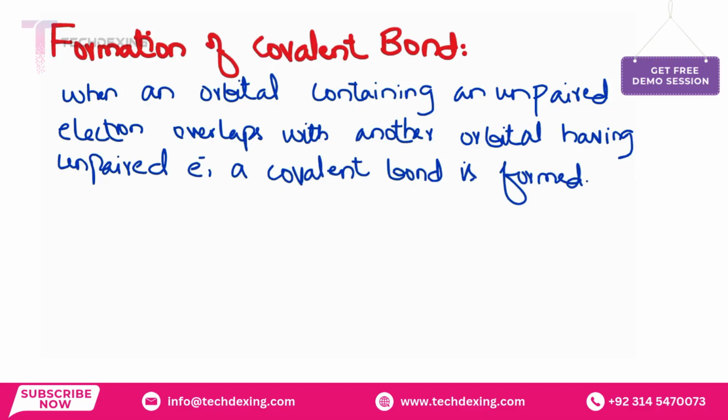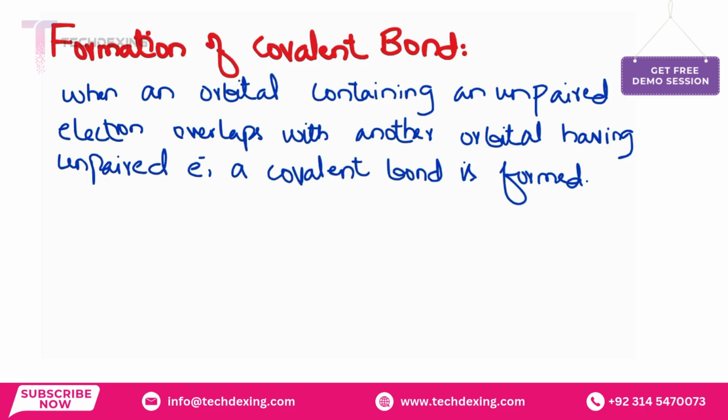So Goodwill, can you tell me, from this concept, what you have got about the covalent bond? What is the necessary condition for making a covalent bond? Firstly, the atom has to have an unpaired electron.